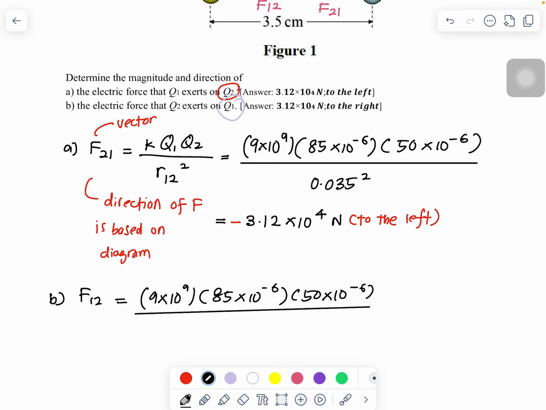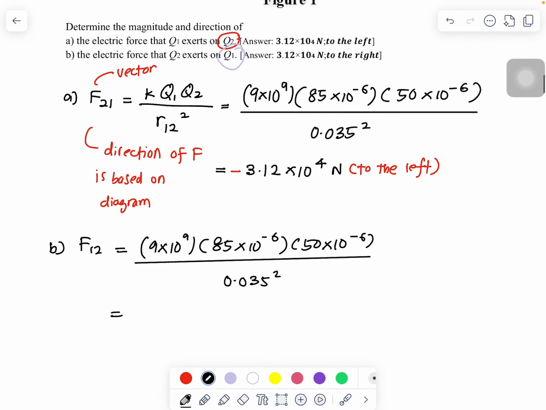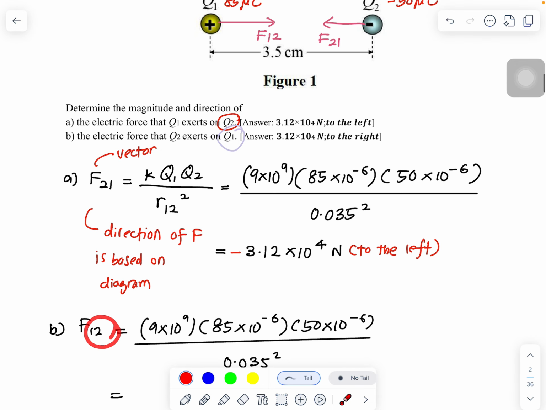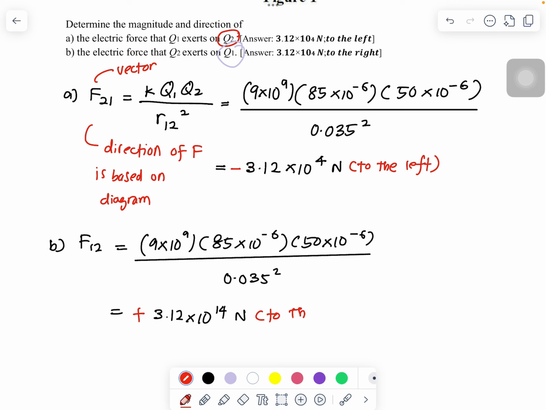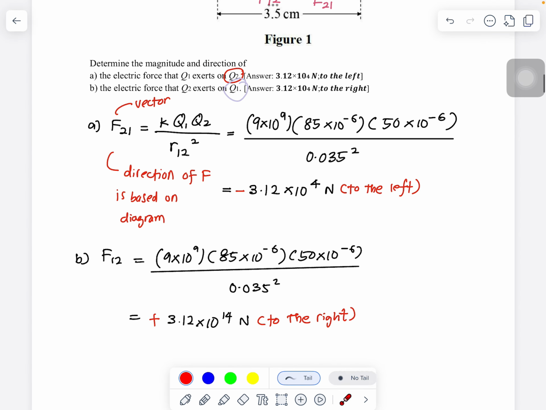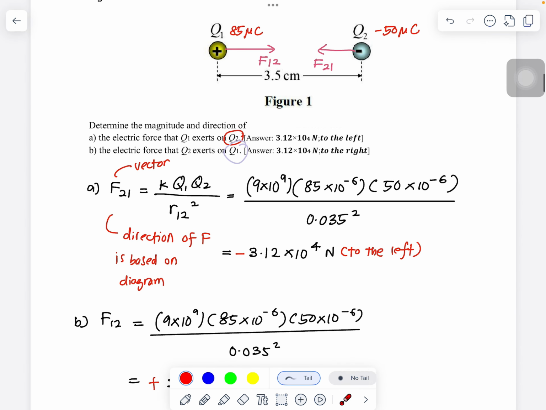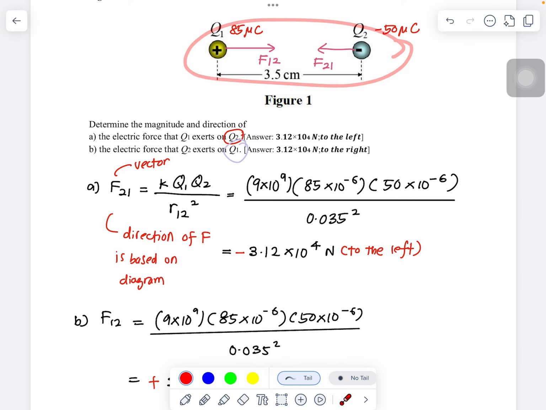Dan distance pun tetap sama, tiada yang berubah. Yang berbeza hanyalah direction. So F12 direction dia pergi kanan. So kamu akan dapat positif 3.12 exponent 4 Newton, and then dalam kurungan tulis to the right. Okay, so this one is when we have 2 charges. Okay, next example kita akan tengok kalau kita ada 3 charges.